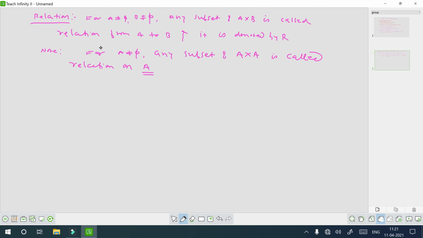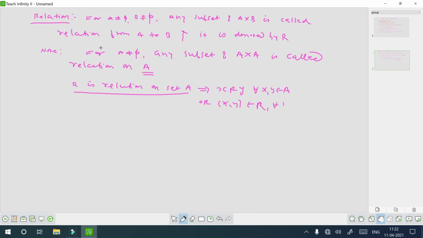Now see here, if R is a relation on set A, then this can be written in the notation x R y for all x, y belongs to A, or the ordered pair (x, y) belongs to R. Clear?